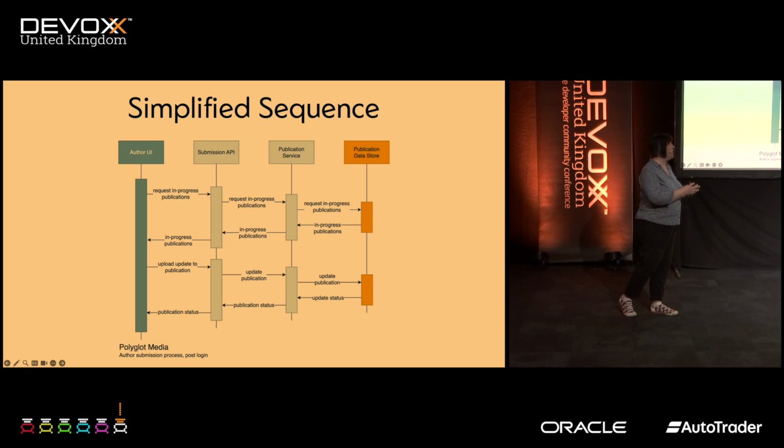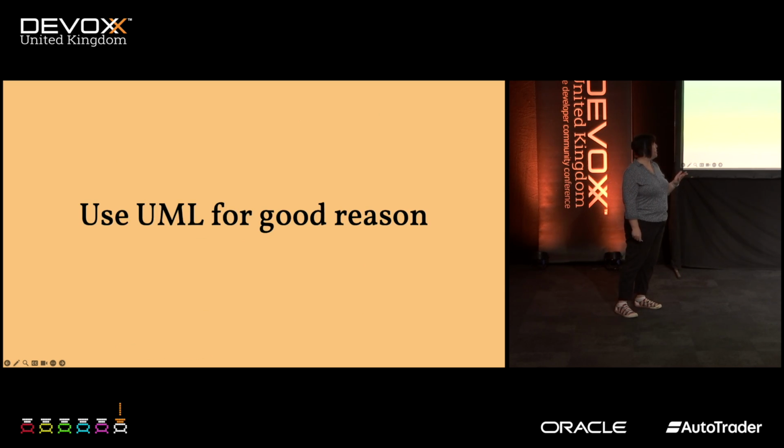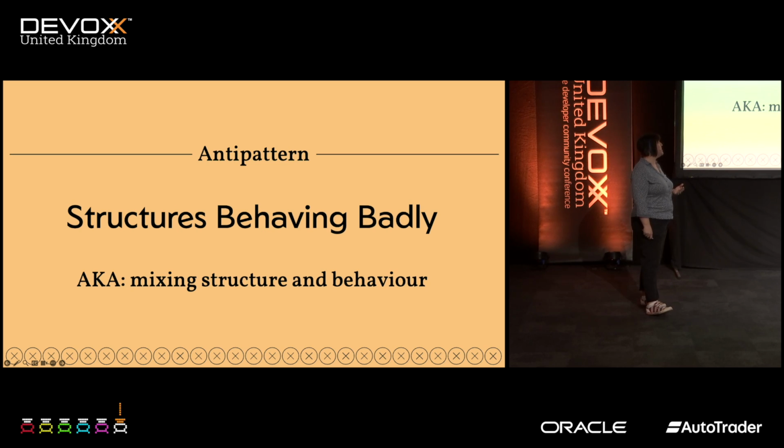And we can think about what level do we really need to look at, thinking about those levels of abstraction. The more you go down in those levels, the more likely your diagram is going to change. So think about whether you really need them. So if you're using UML, you need to use UML for good reason. And if you can't say why you're using it, and if you think that your audience is not going to be able to understand it, then consider using something else instead.